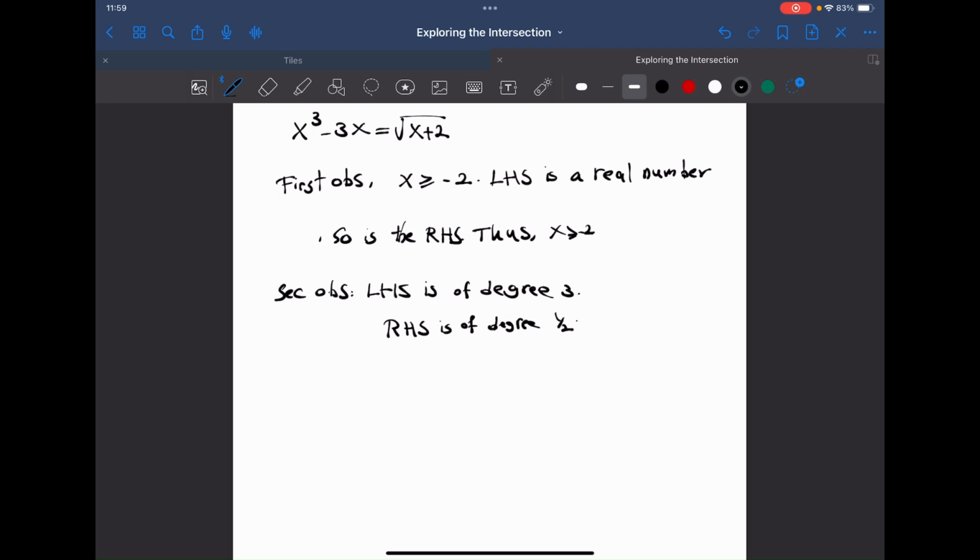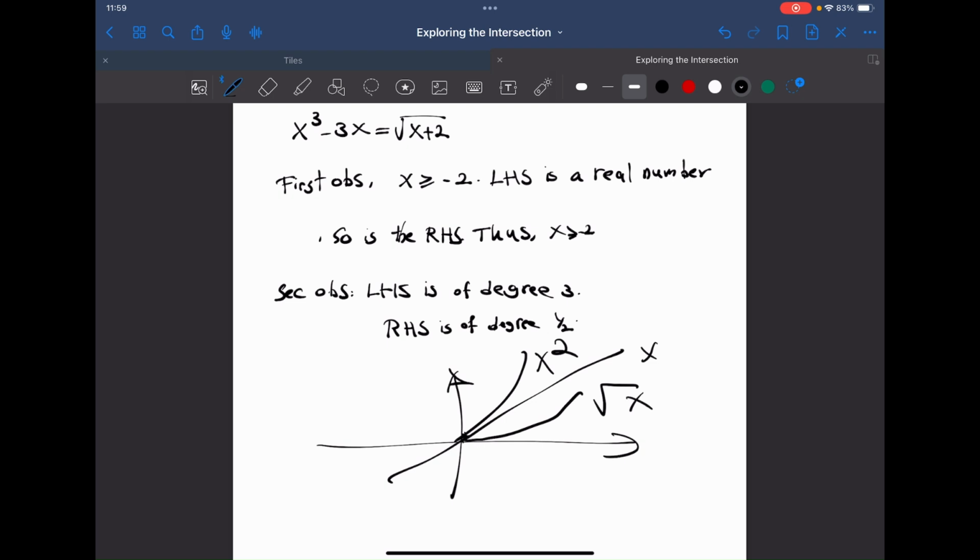And if I try to plot this, remember that this was the plot of x. This is the plot of x squared. And this is the plot of root x. And this is the plot of x to the power 3. So the point is, x to the power 3 grows faster than x to the power 2, and x to the power 2 grows faster than x, and x grows faster than root x.